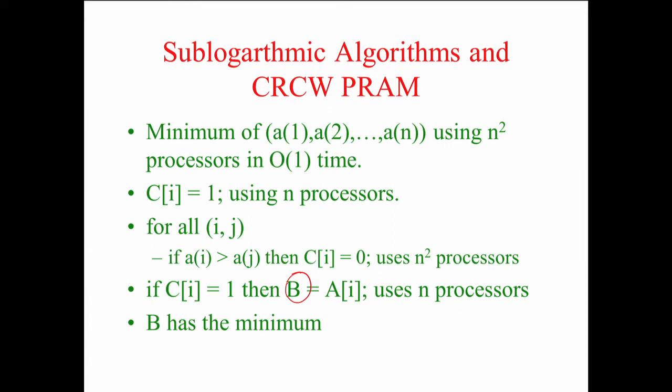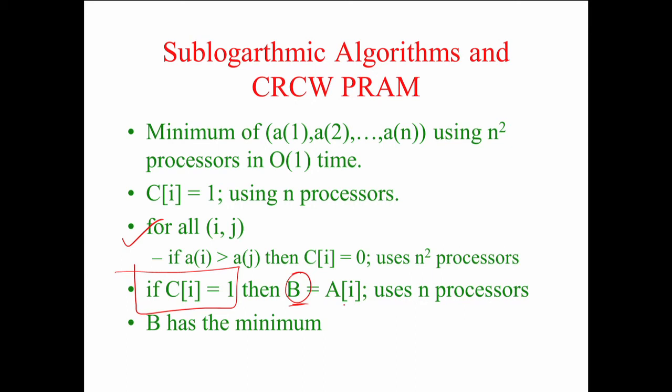right. So please note that at the end of this for all i, j step, Ci will still remain 1 only if it is the minimum. If it is one among the minimum, there could be many elements with the same minimum value. And then I say if Ci equal to 1, then B equal to i. So several fellows will start writing into B, but all of them will write the same value.